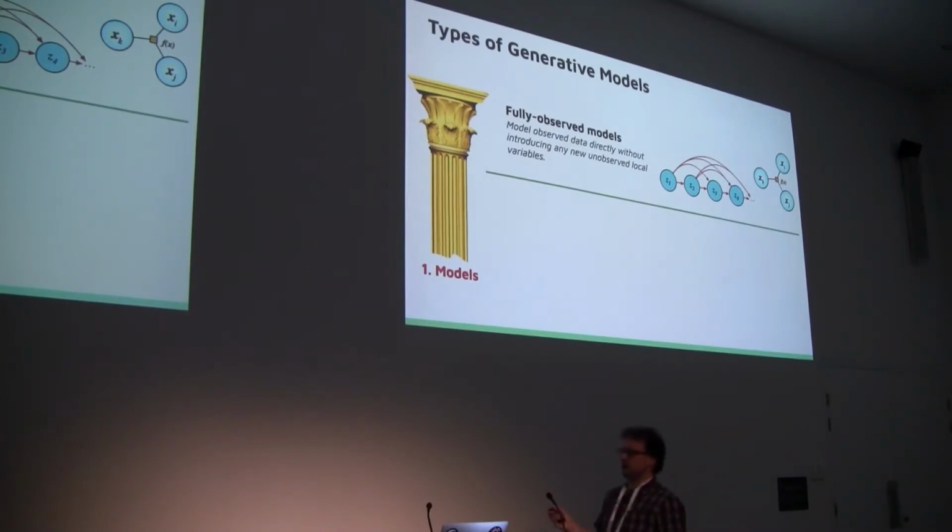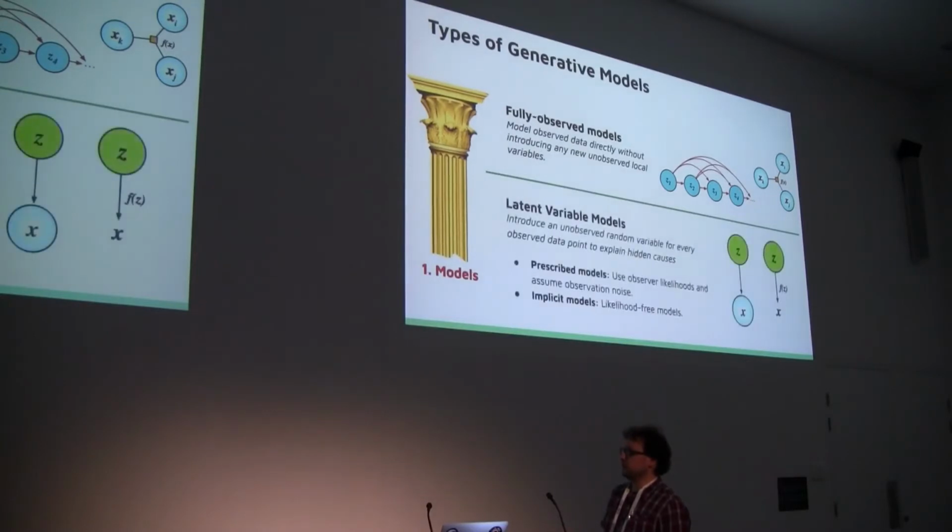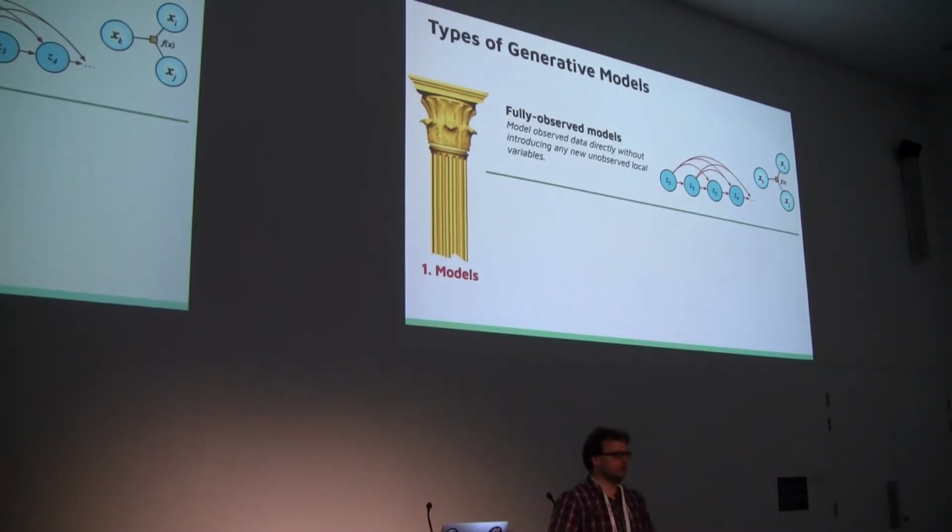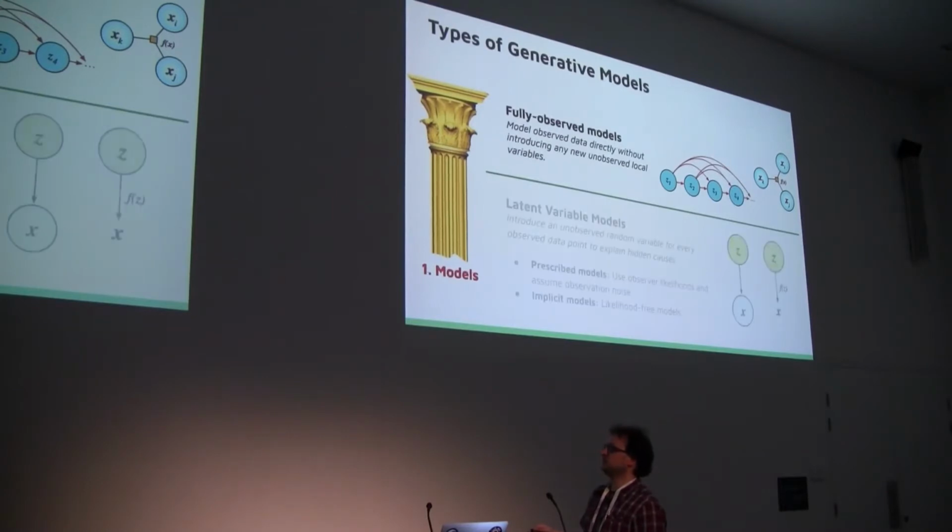So I know every random variable that participates in the construction, in the definition of the model. One example of that is, let's say you want to fit a Gaussian to a bunch of points. Every point is one instantiation of the full vector of that Gaussian. It's a sample of that Gaussian. So that's a fully observed model, for example.